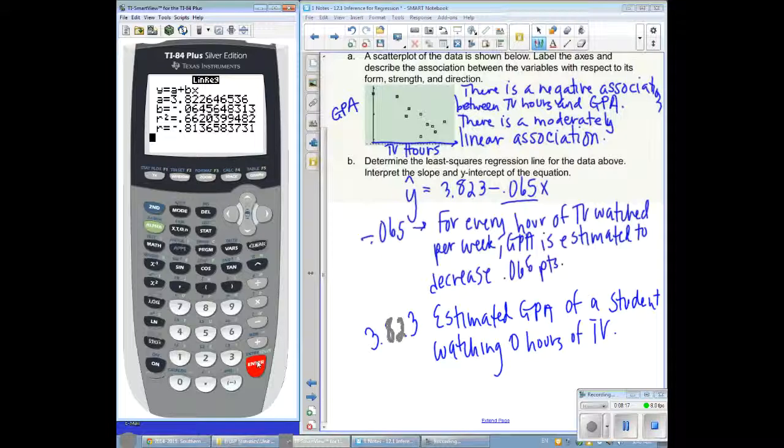So when our y-intercept is really located far away from all of our data points, sometimes, because we're looking at a line that extends forever, where it crosses the y-axis really is unreasonable considering where the rest of our data is. And there's a term that we use for that. Anytime you're making a prediction that goes beyond the data, extrapolation. An outlier is a point on the graph that is outside the rest of the pattern. But when we're making a prediction that's beyond our data, that's what we call extrapolation.